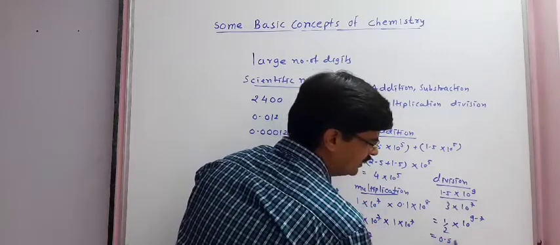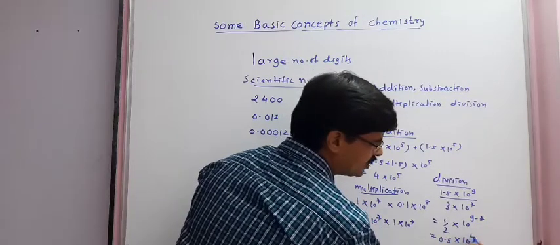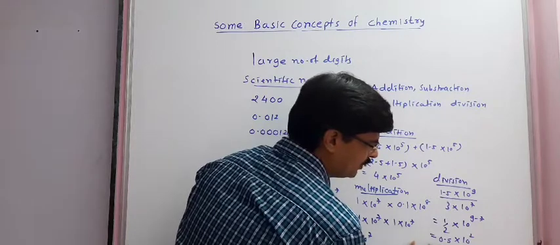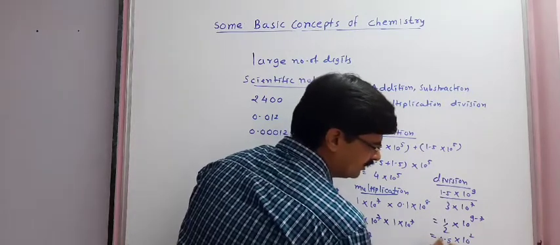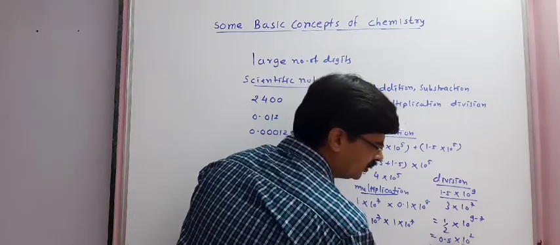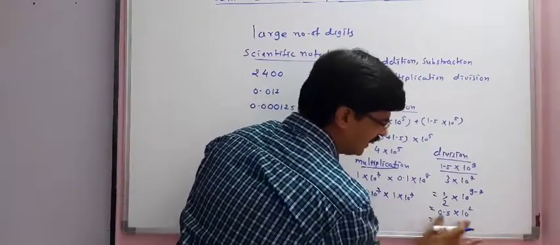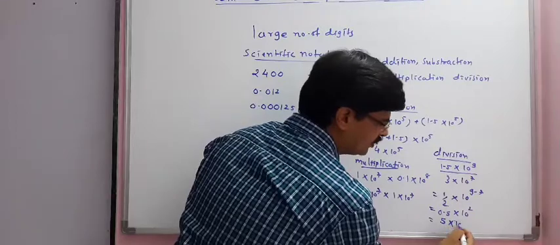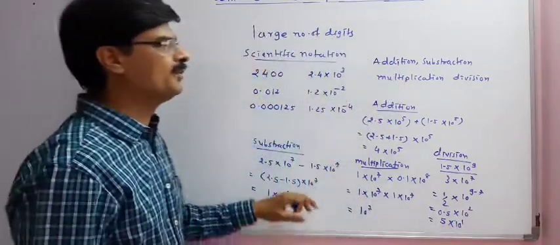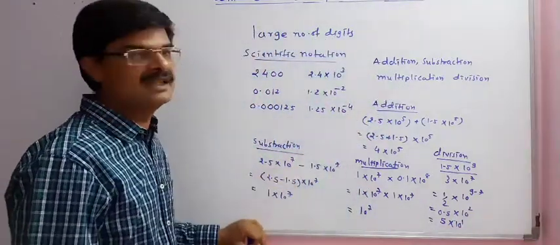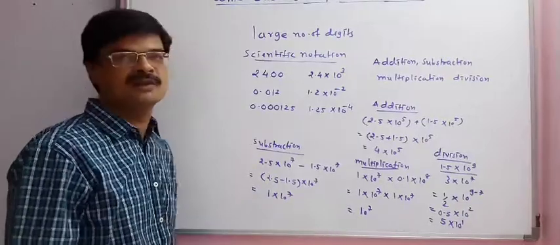So we get 0.5 into 10 raised to 2, that is 1 half into 10 raised to 2. So we can write 0.5, or simply 5 into 10 raised to 1. So we can perform addition, subtraction, multiplication and division on scientific notations.